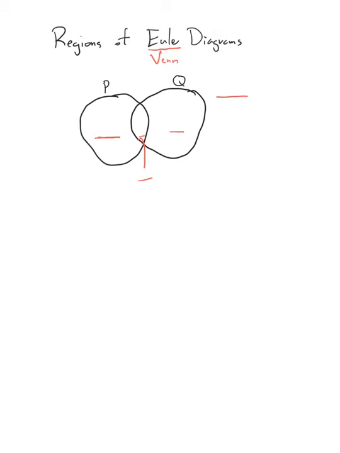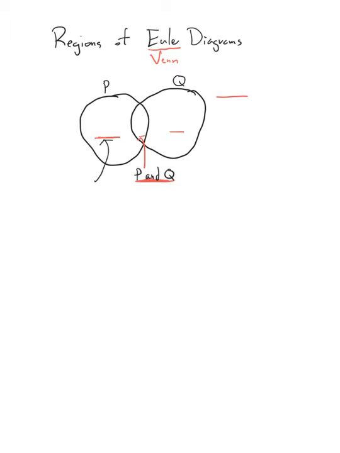Okay, so the region in the center, well, that's easy. Objects in the center are, they have property P and they have property Q because they overlap.